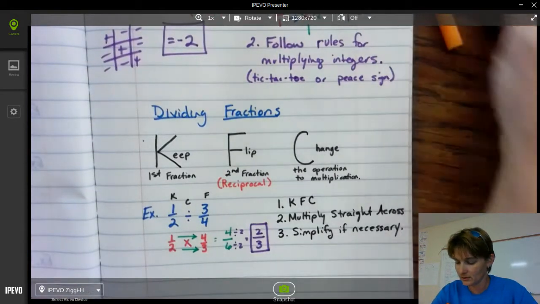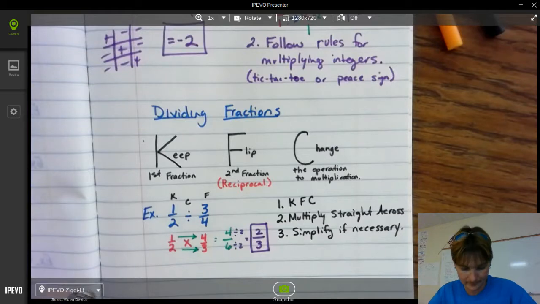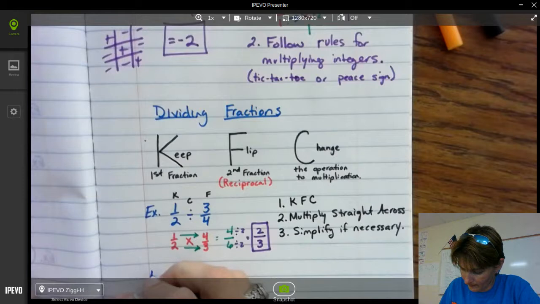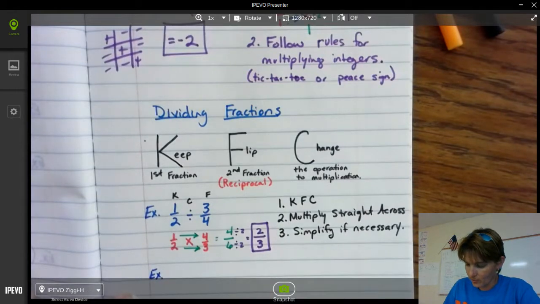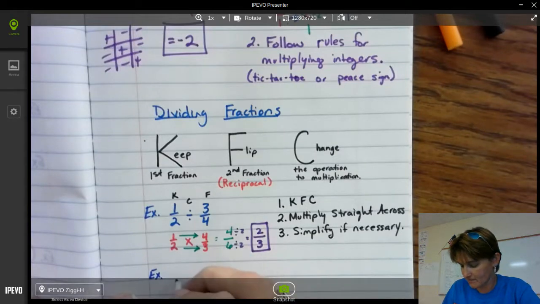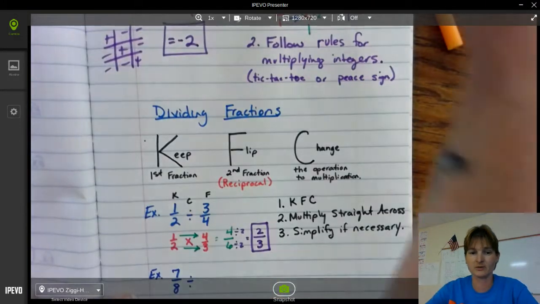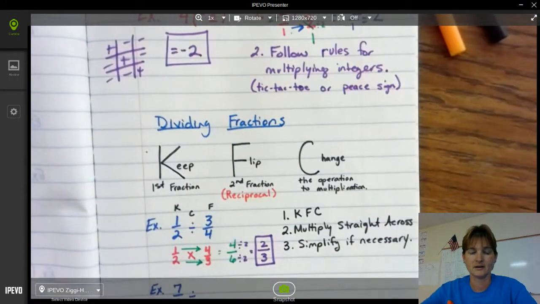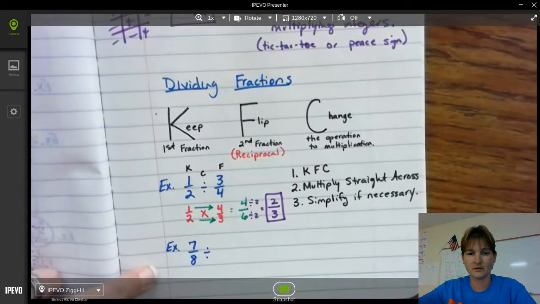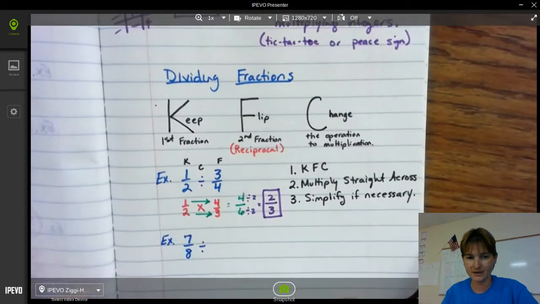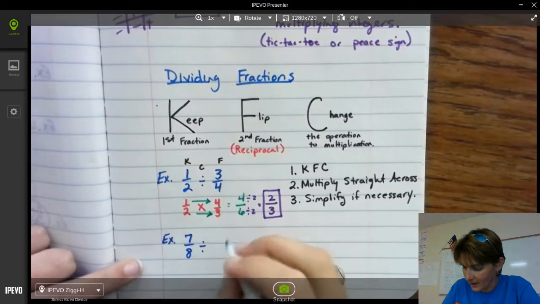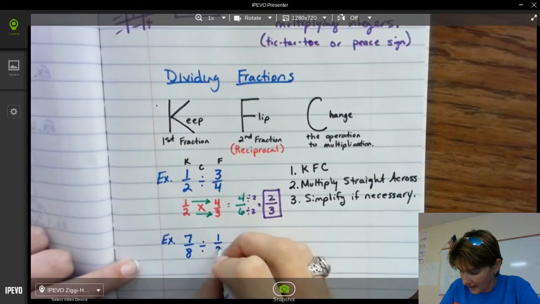All right, another example. What if we have, let's say, 7/8 divided by, oh, sorry, kind of not in view. There we go. 7/8 divided by 1/2.